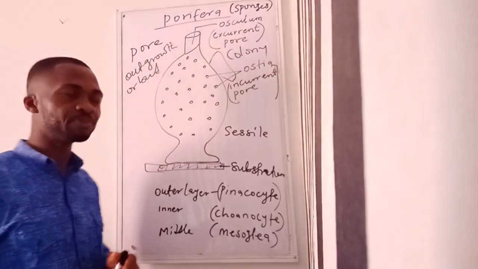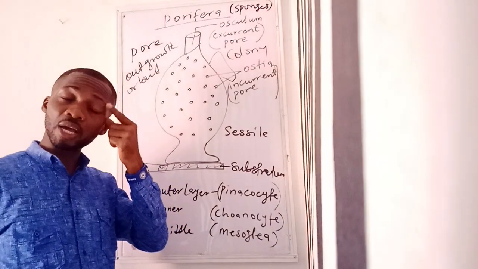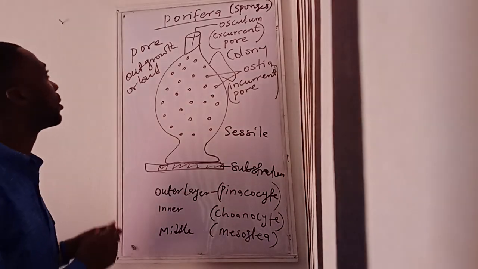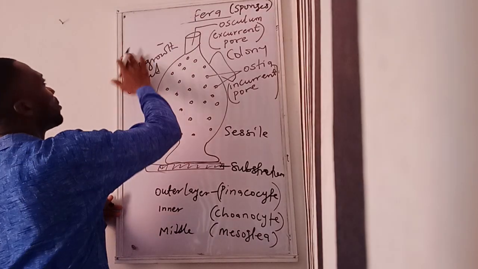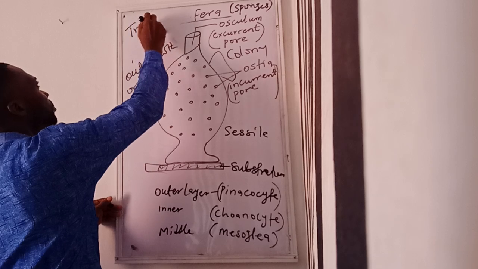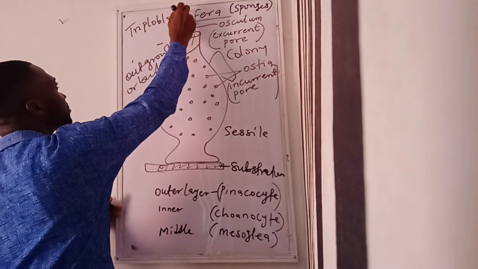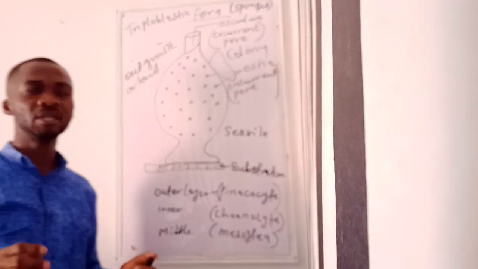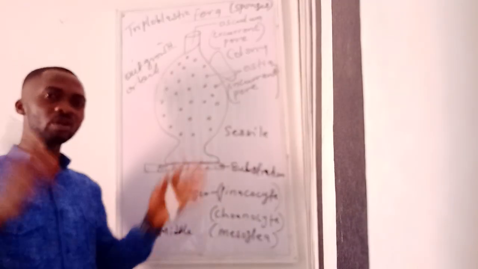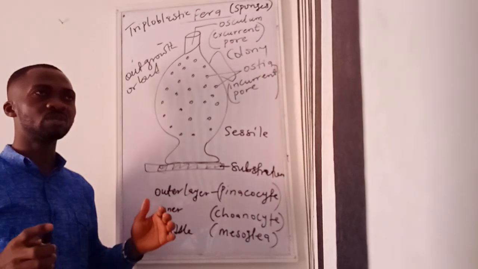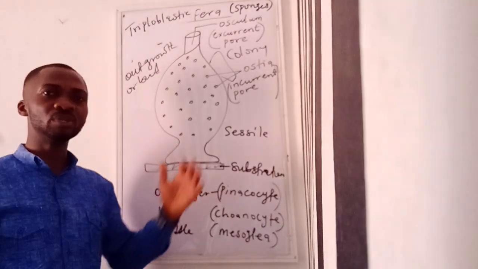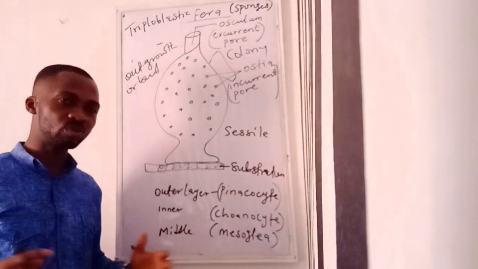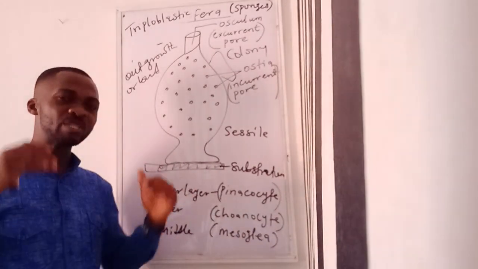This is somehow dicey, but porifera is neither diploblastic nor triploblastic, because the organization of the tissue is not fully mature. It's not a complex tissue. It's not a very specialized tissue.